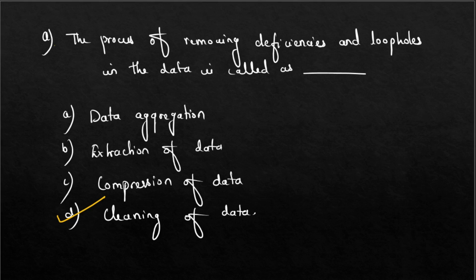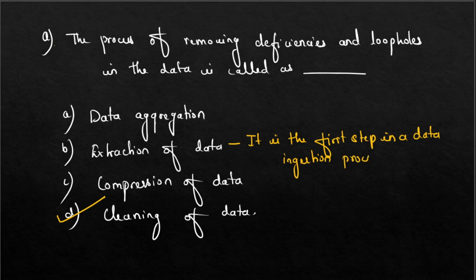But now let's understand what is data extraction, which is our option B. Data extraction is the process of obtaining data from a database, and it is the first step in a data process.